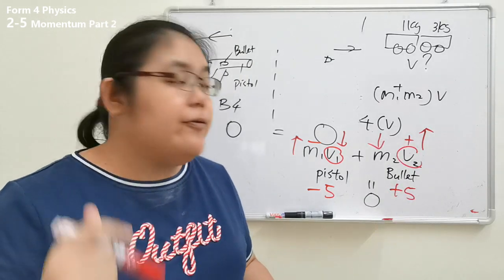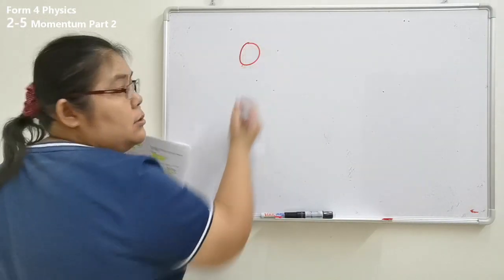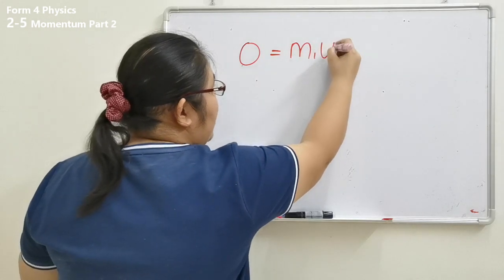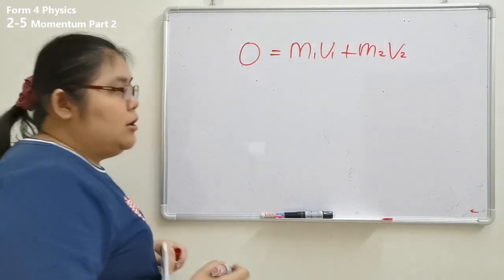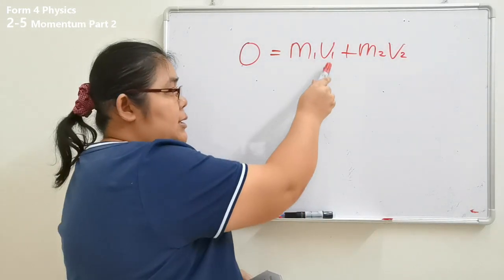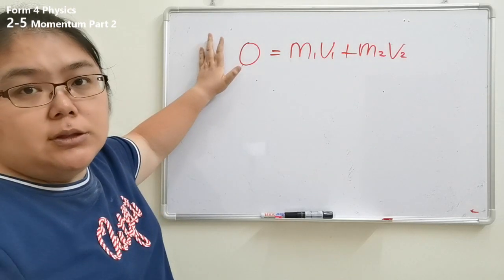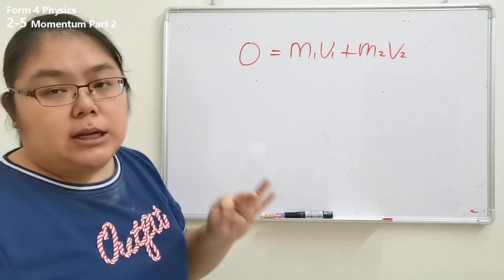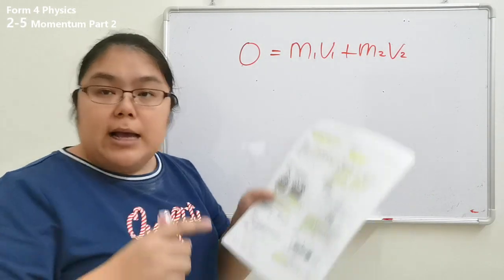So they create the formula: before is 0, final is M1V1 plus M2V2. Surely one of the V is in the opposite direction. So this one is an explosion. We have collision, elastic, inelastic, and the last one is explosion. So from here we are going to see example 5.